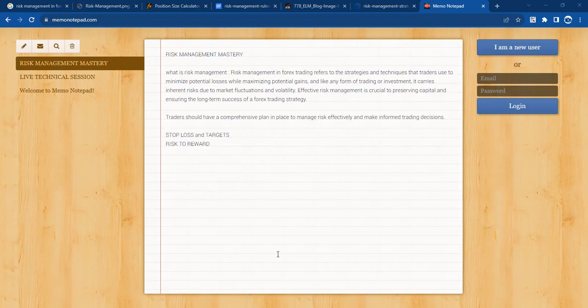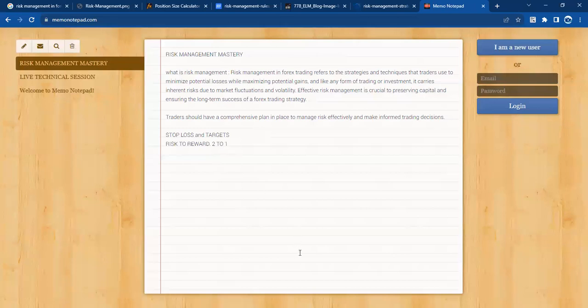I always advise nothing less than 2 to 1, right? 2 to 1, no less than that. Which means if your potential for risk is 1, your potential for profit should be 2.